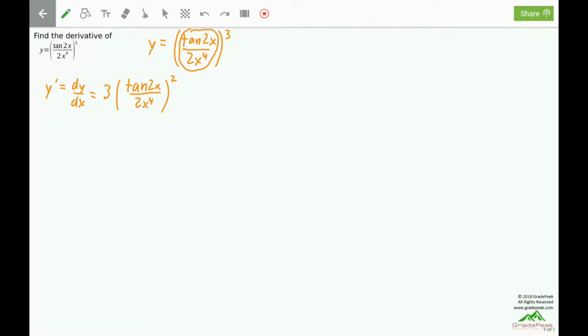We start with the derivative of the numerator of that. Well, the derivative of tangent is secant squared, so we'll have secant squared of 2x times the derivative of the 2x to complete the chain rule, so times 2. Derivative of the numerator times the denominator left alone, 2x to the fourth, minus the numerator left alone, so tangent of 2x, times the derivative of the denominator, derivative of 2x to the fourth, bring the 4 down, 8x, subtract 1 from it, 8x cubed.